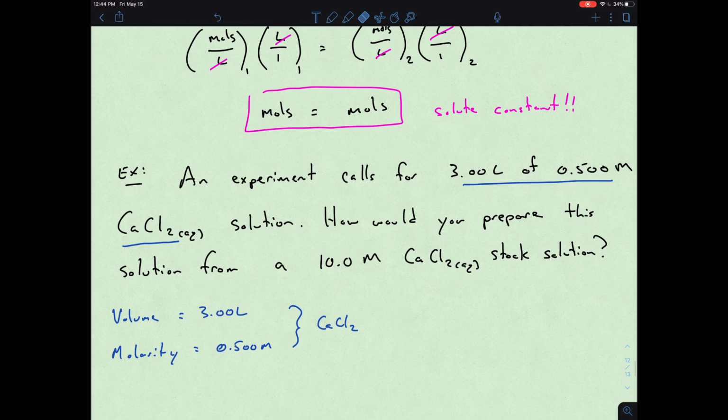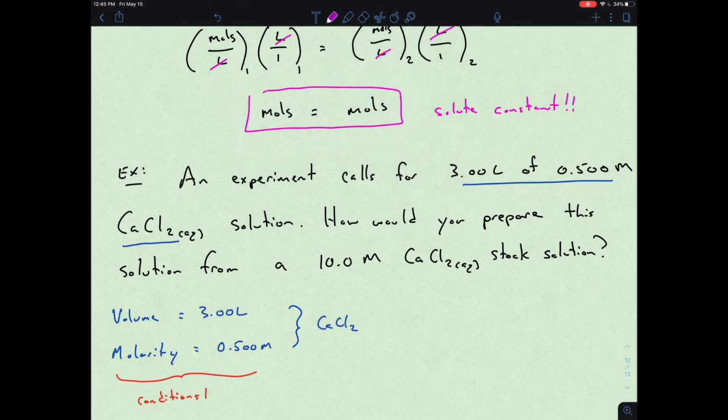And so we could call this, it doesn't really matter, condition 1 or condition 2. I'm just going to say this is conditions 1.